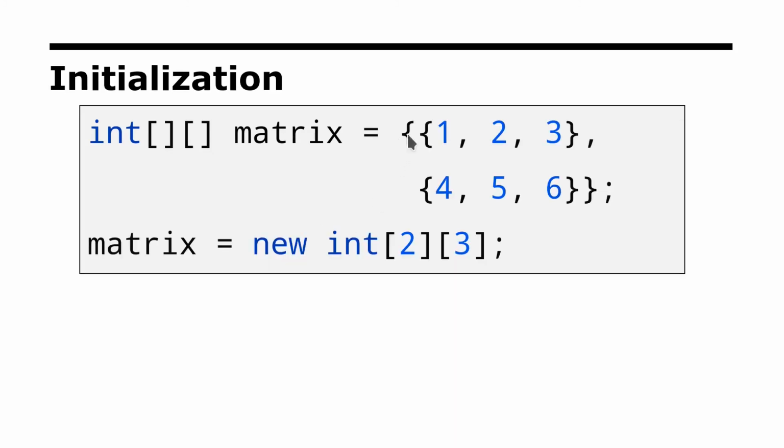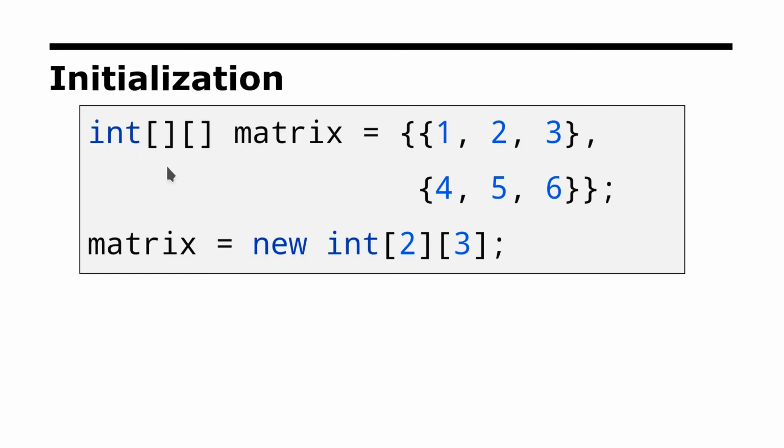Initialization can be done using the array literal syntax. If I want to use the array literal syntax like this, I'm going to have to use it on the same line as the declaration, unless I want to put new int here as well, but that's a small detail. So I've got two dimensions here.